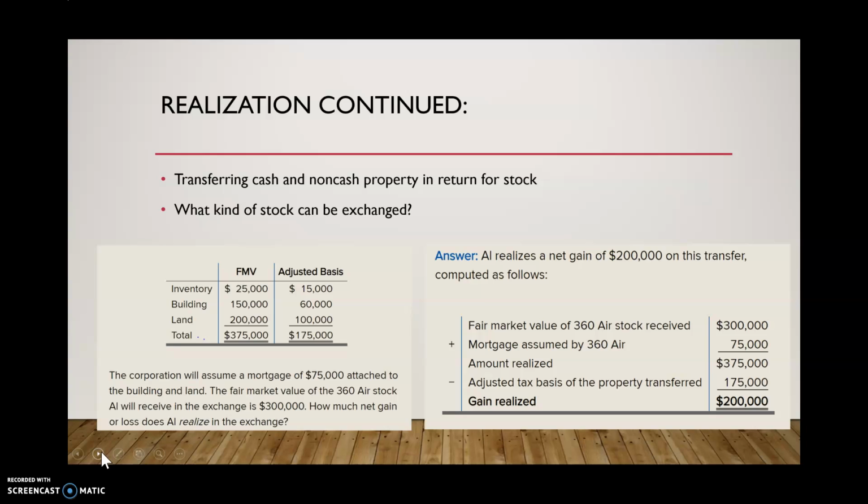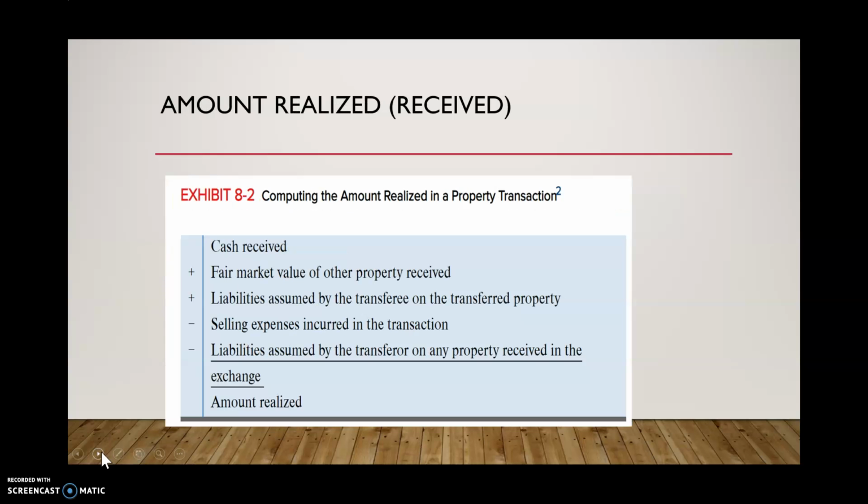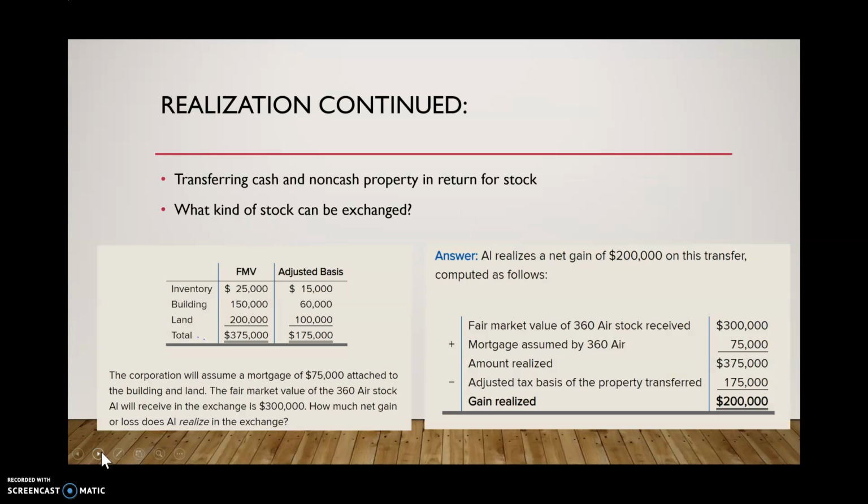And in my example here, we see that they compute the amount realized by only adding the mortgage assumed by 360 Air. Now that's because if we go back to here, it shows the liabilities assumed by the transferee on the transferred property. A mortgage is going to be a liability that person is now taking on. So they're going to use that in addition to the market value of the stock that they're being received.